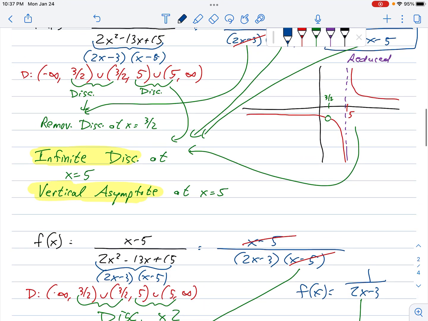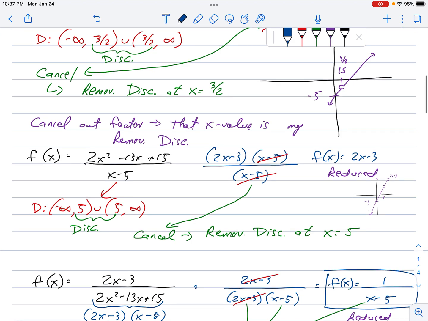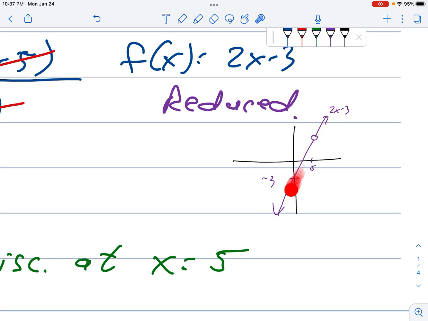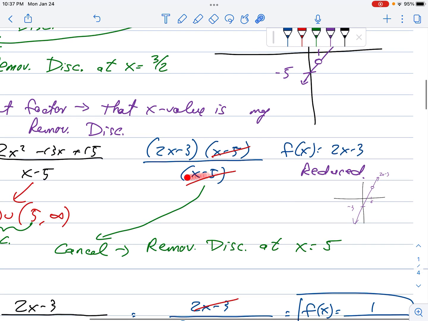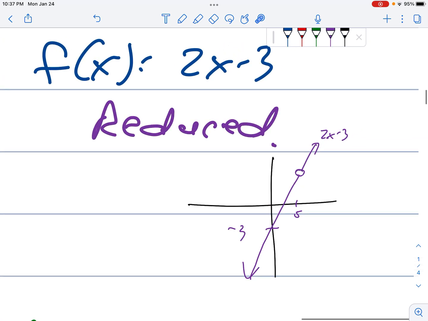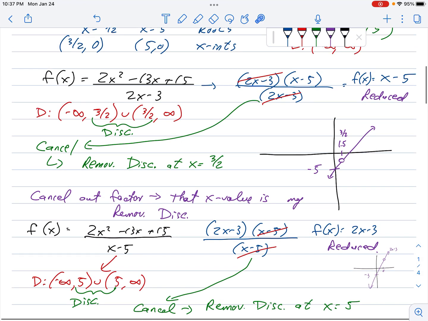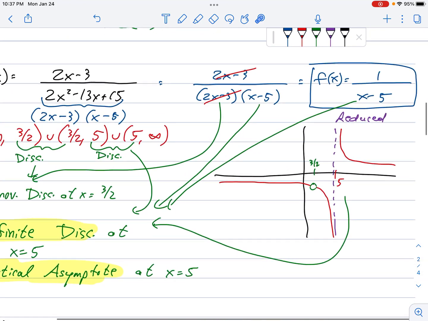If I scroll up here for this one, I got 2x minus 3. That's what my graph looks like. It looks exactly like the line 2x minus 3, except there's this additional hole at the x value of 5. And I had the same idea up here, and over here was a little different.